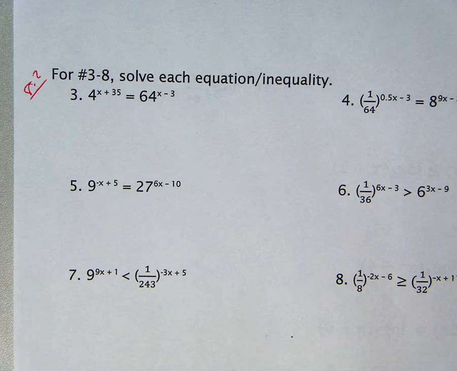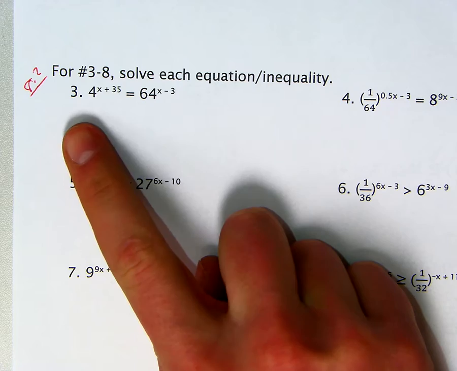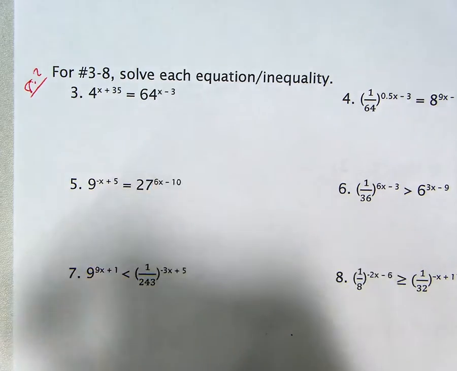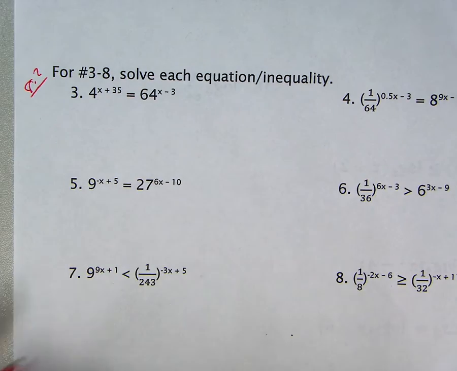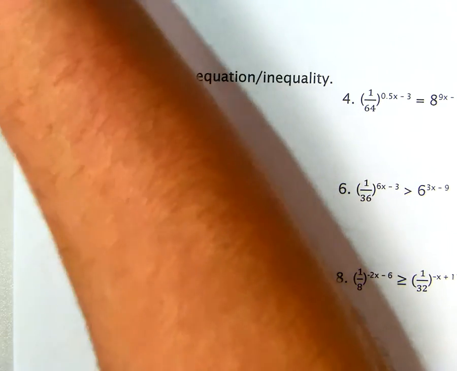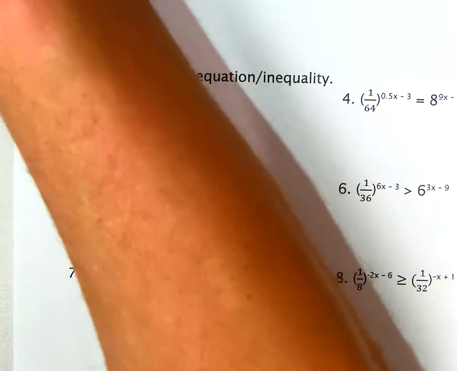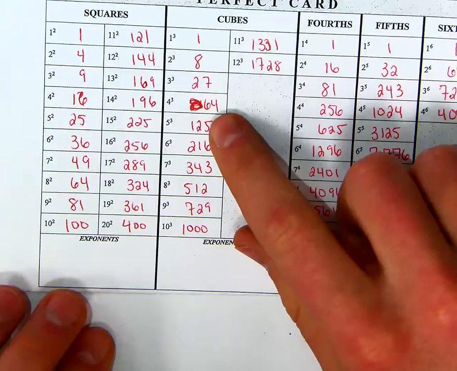How can we get the bases the same? Can I get 4 from 64, or do I have to go down to 2? Either will work. 4 to the third, I don't know if I have my chart handy or not. 4 to the third is 64.